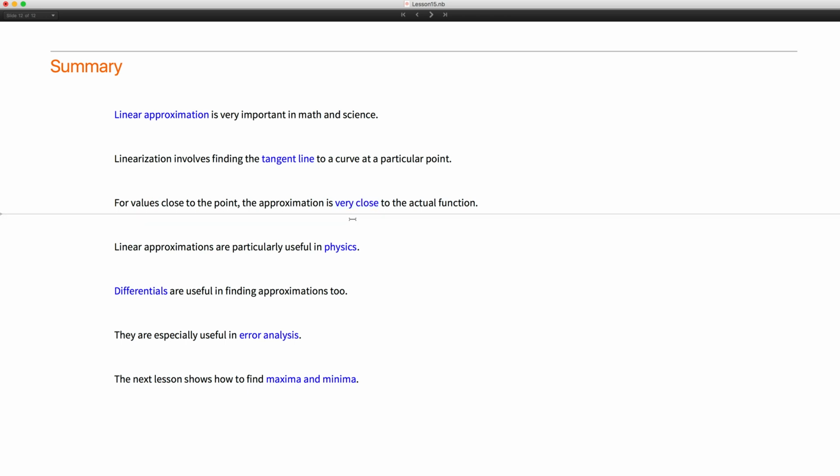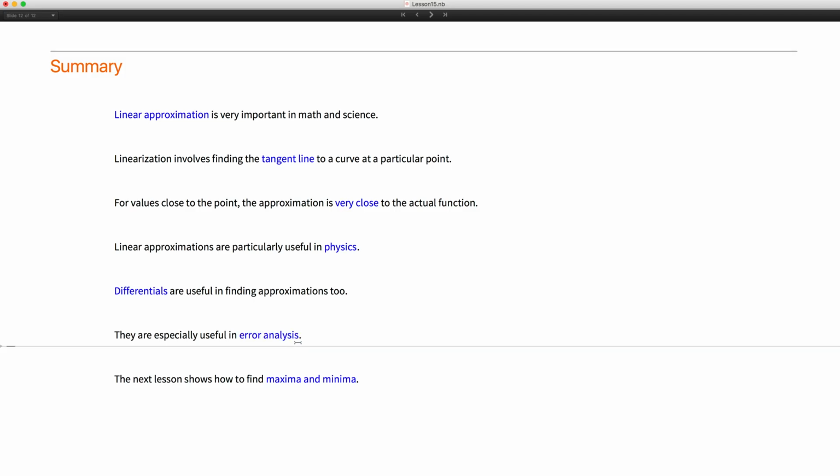One place where you might find them really useful is in physics, but of course they are also useful in chemistry and in economics and in finance. Wherever you go, you will find the need to use linear approximations. And another way of talking about these approximations is to use differentials. And those are particularly useful when you want to talk about errors in measurements.